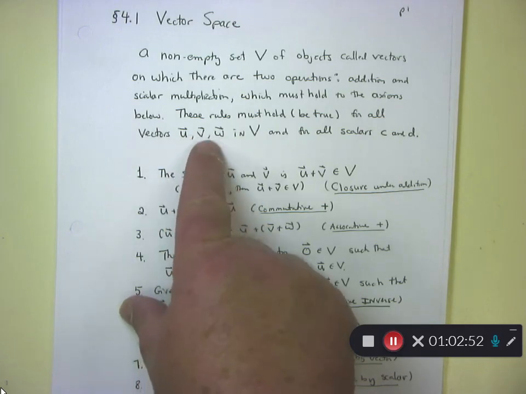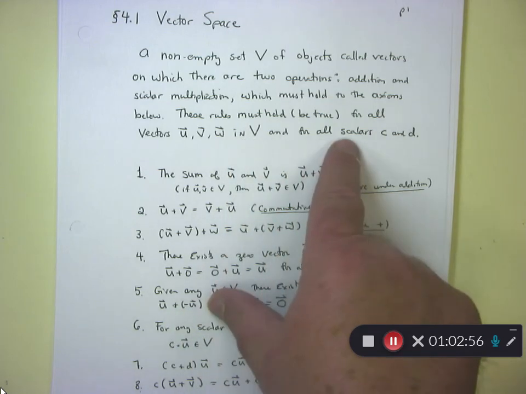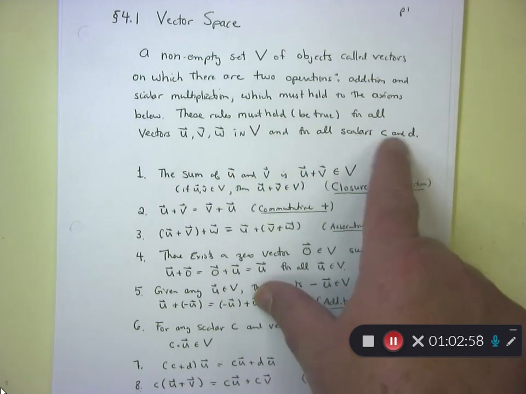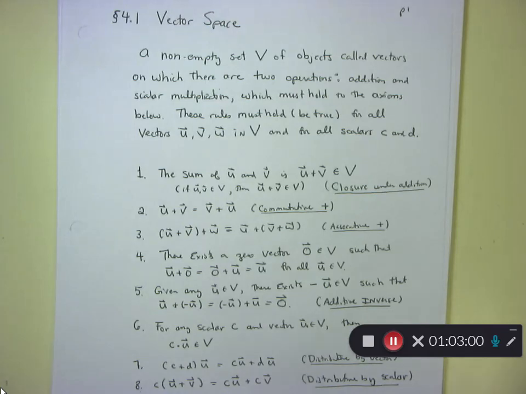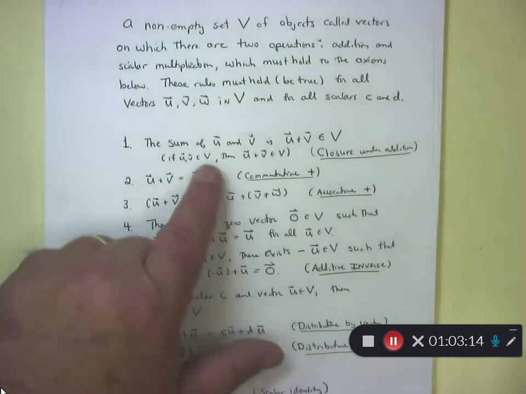These mean these are the vectors in your, quote, space V. And for all scalars c and d. So c and d don't have little lines on them, so this is how you can distinguish between when I'm talking about a vector and when I'm talking about a constant, a scalar. So, these are the properties or axioms of a vector space. Number 1, the sum of two vectors.